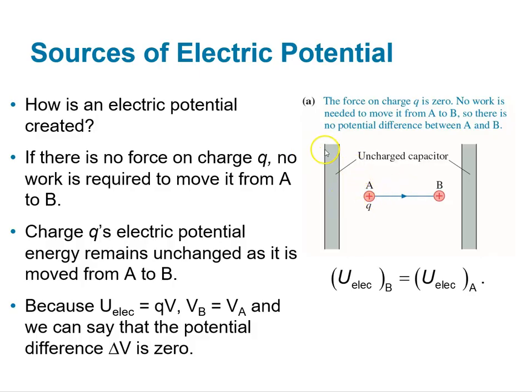Well, let's say you have an uncharged capacitor and you're moving a charge from point A to point B. Now, if there's no charge on either plate, the potential energy of this charge is going to be the same at point A as it is at point B. So it takes no work to move it from point A to point B. And so we would say that the potential difference is zero. The potential at A and B are the same because there is no charge.